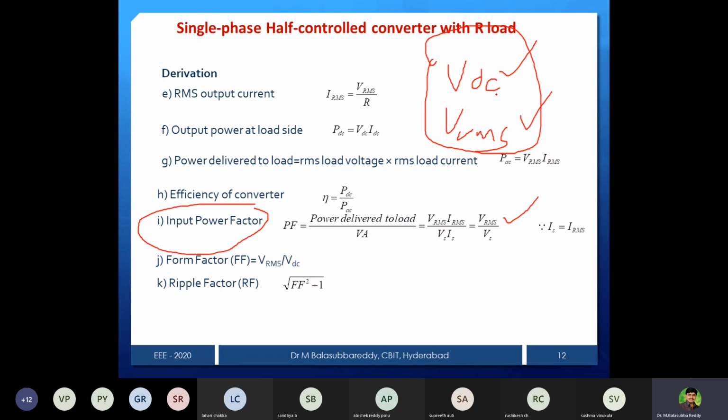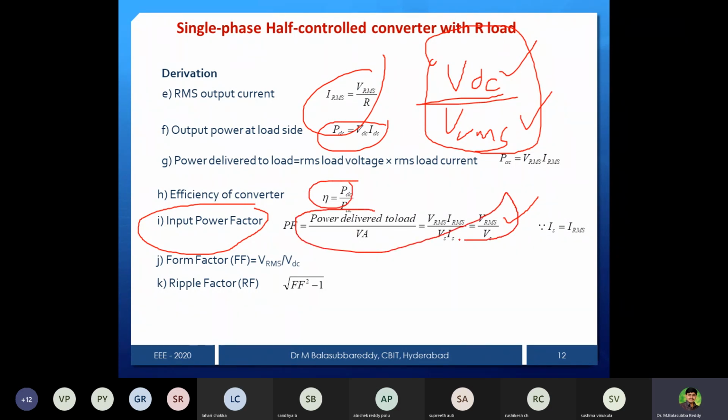So once VDC and VRMS are changed, then we can easily get the other quantities. Other quantities are formulas only, no? IRMS, PDC, efficiency, power delivered to the load, and power factor. So all these things are formulas. Only these two will differ.